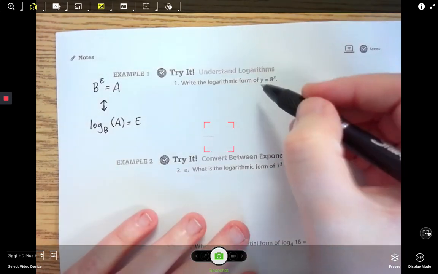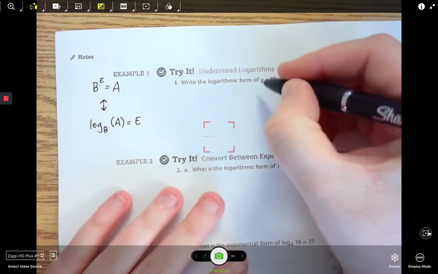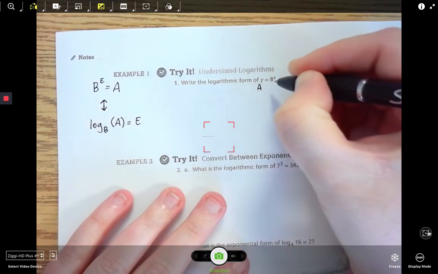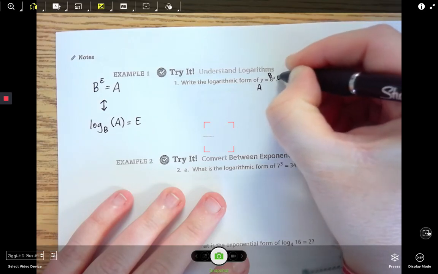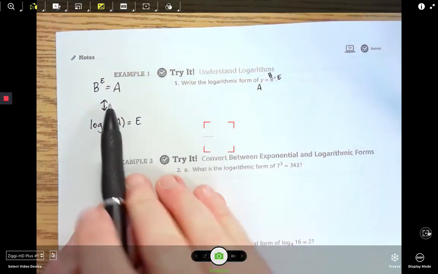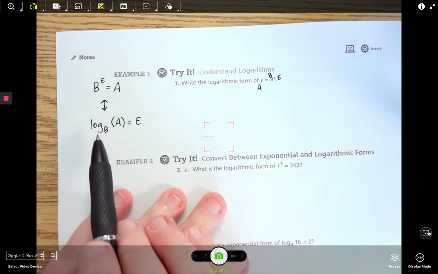So let's look at what we have here. In exponential form, y equals a, 8 equals b, and x equals e, if we're comparing it. Y'all see where I got that? Now let's write it in logarithm form.